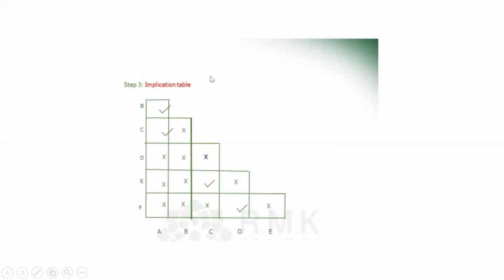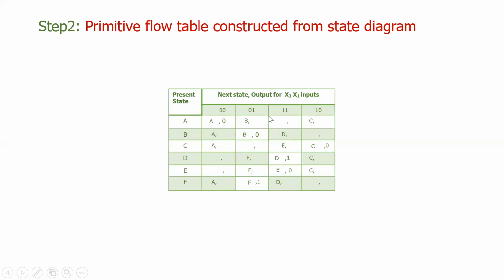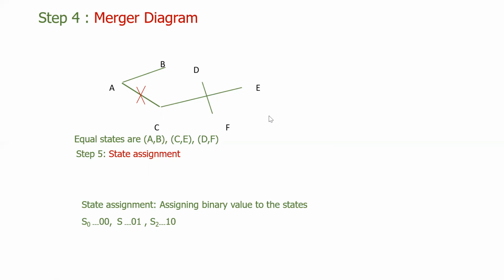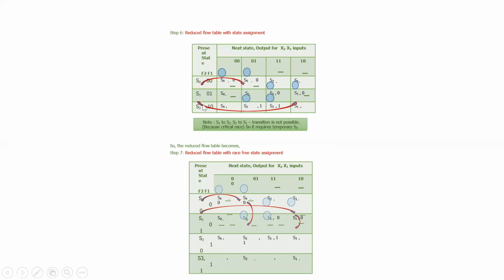So we know what the primitive flow table is. From this primitive flow table, we have to write the reduced flow table with state assignment. As you know, A and B are equal, so that state is nothing but S0. We are assigning the binary value 0 0. S1 is 0 1, S2 is 1 0.